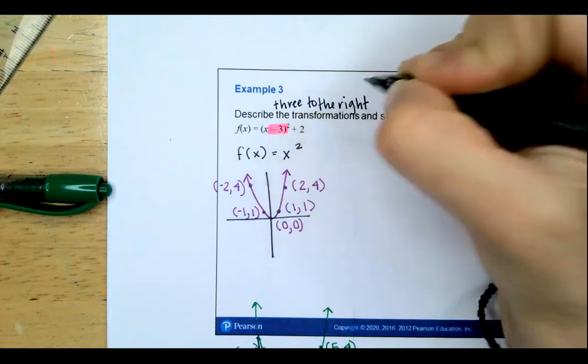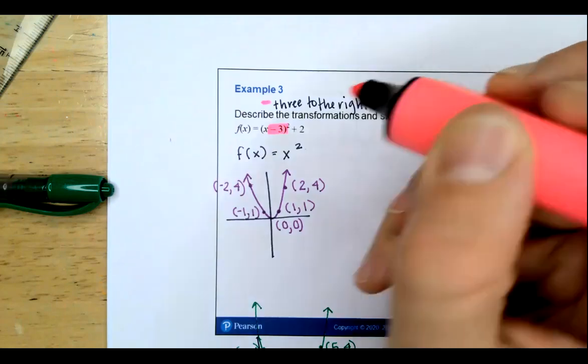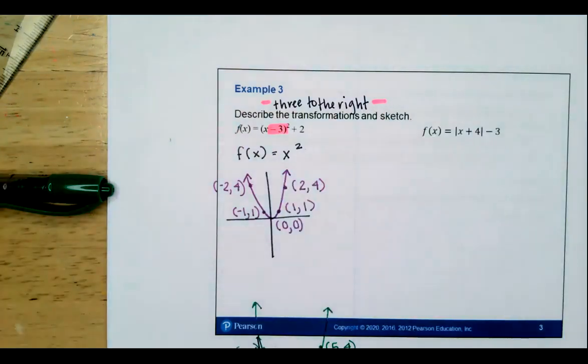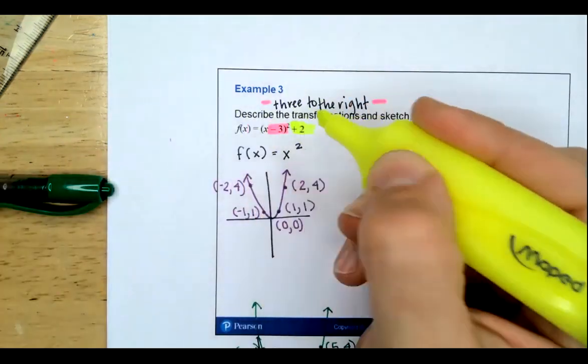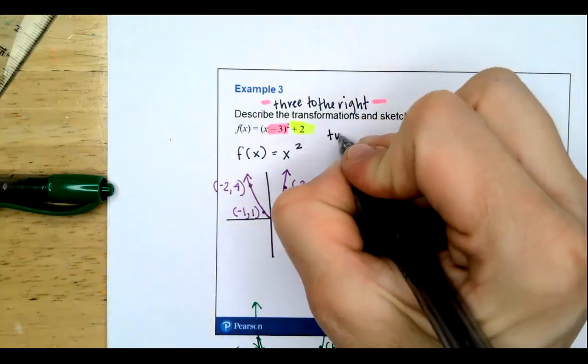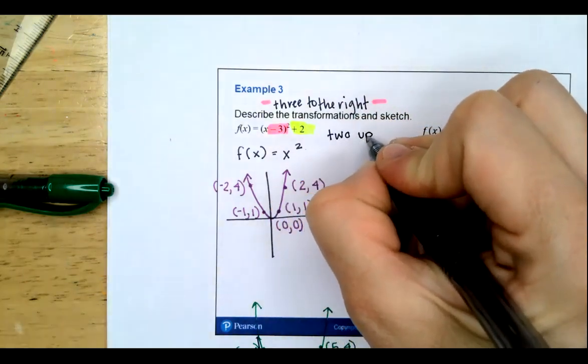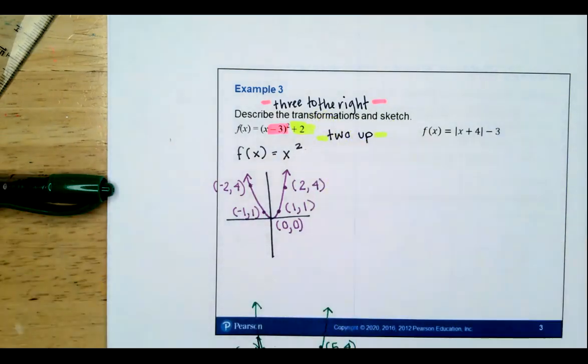horizontal, okay? Guess I need the plus sign too. And that part means 2 up. Vertical shift.